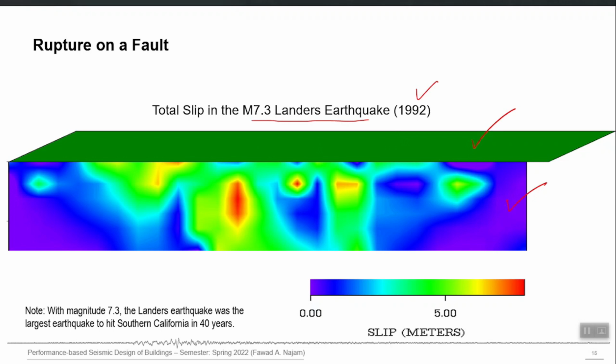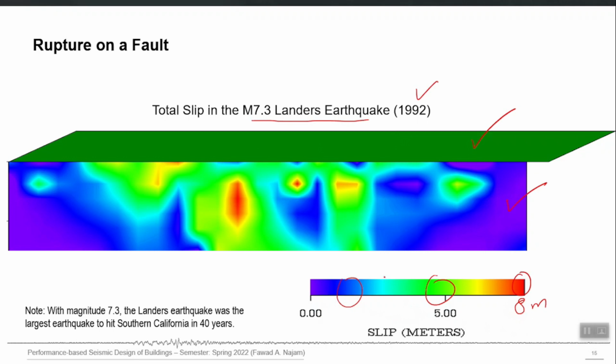Now imagine that it is a slip, but not a constant slip along the whole fault line, right? The red color means maybe 7 or 6 or 8 meters, for example, and green means 5 meters, blue means maybe 2 or 3 meters or 1 meter, depending upon the shade of blue.